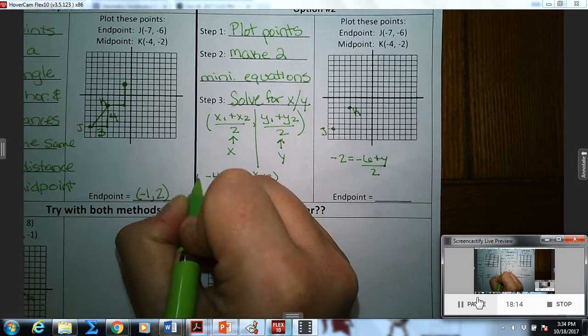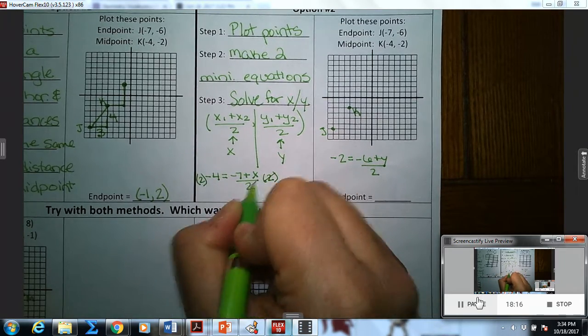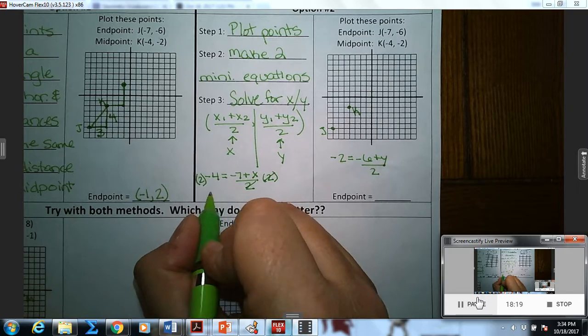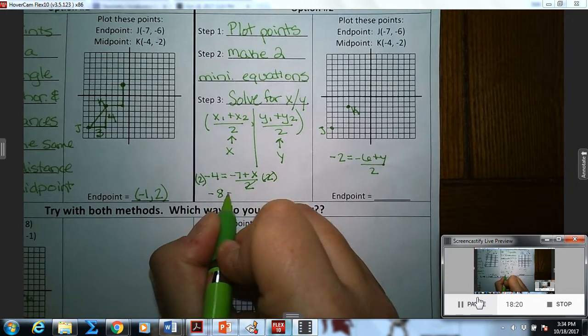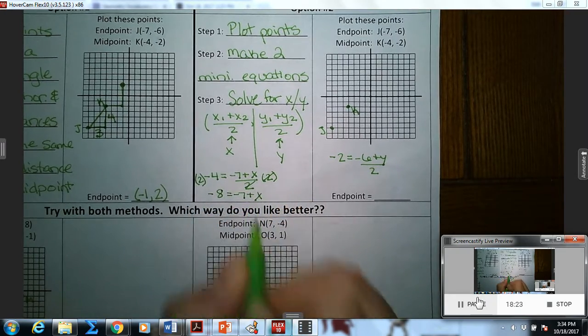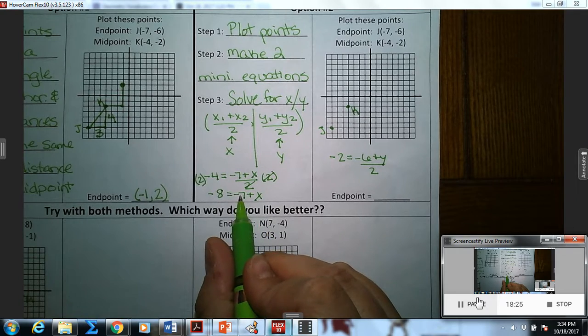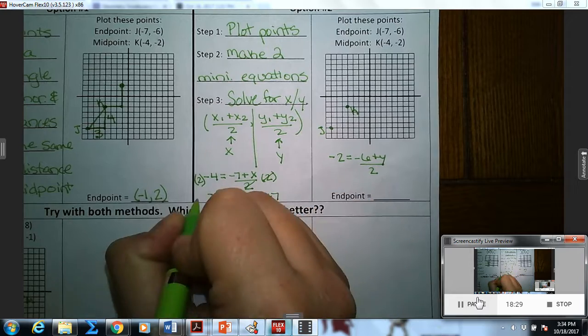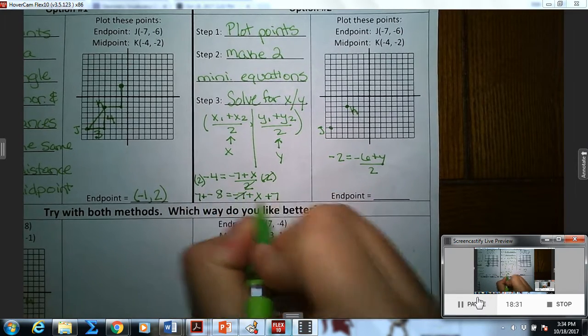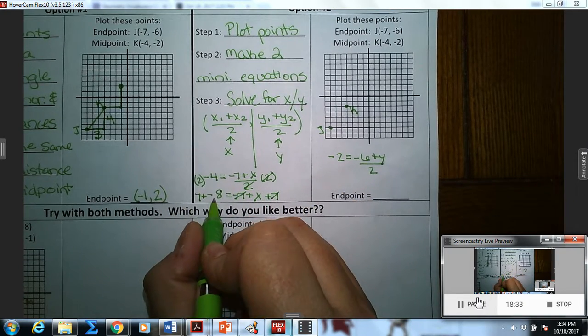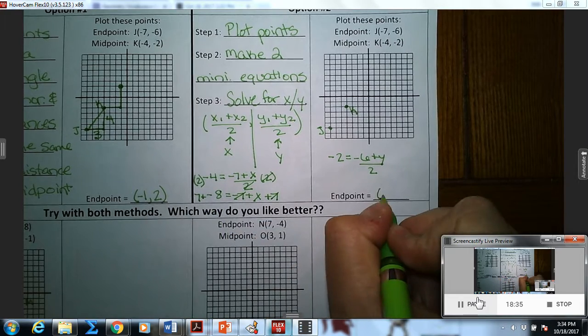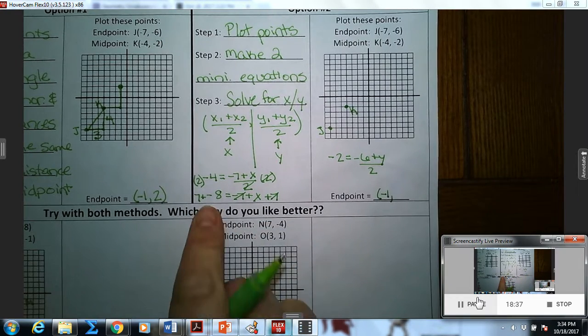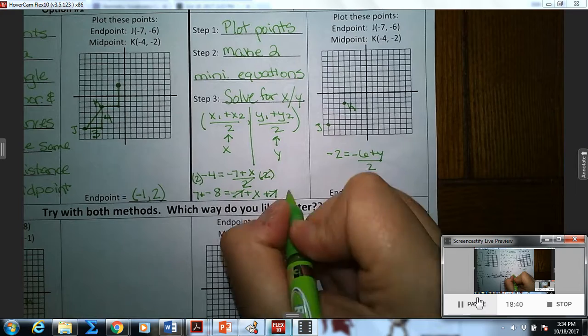That gets rid of the 2 in the denominator. 2 times negative 4 is negative 8. And my final step is to move over this negative 7, so I need to add 7 to both sides. 7 plus negative 8 is negative 1. So my x value is going to be negative 1.